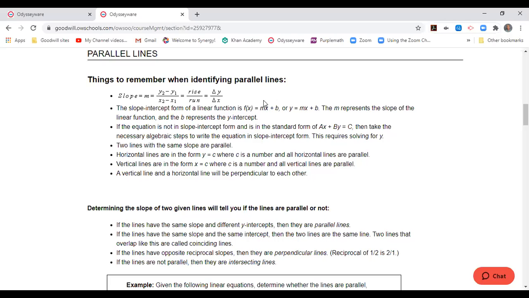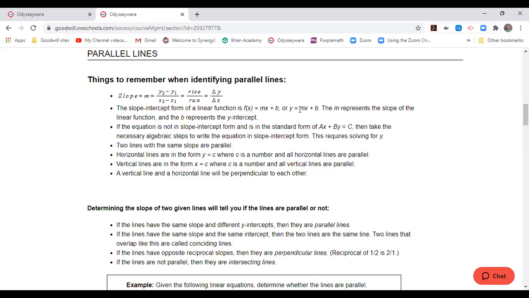It's the rise over the run, all these different terms here. M, the change in y over the change in x, y2 minus y1 over x2 minus x1. All those are things that describe slope. Now, if you have an equation, sometimes that's even easier.